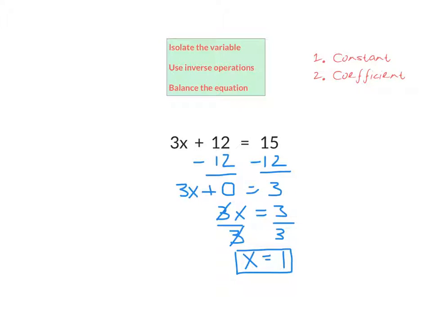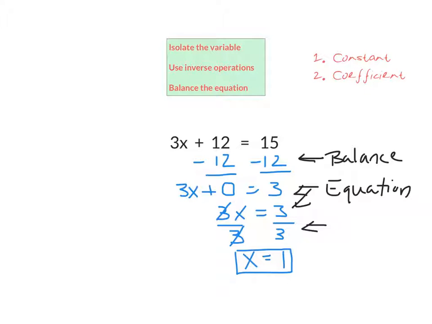Now going back and looking at all the different parts of this solution, the first thing I did was to balance my equation by removing 12 from both sides. And then I rewrote my equation so I could see what the next step would be. And then the next thing I did was to balance my equation again before I got to my solution.